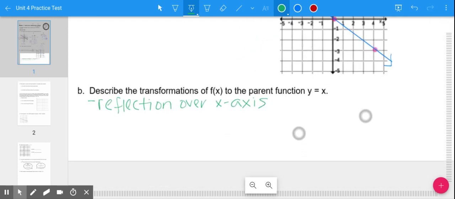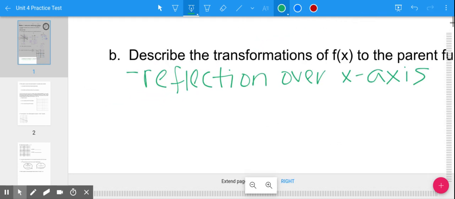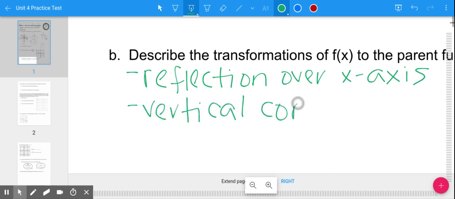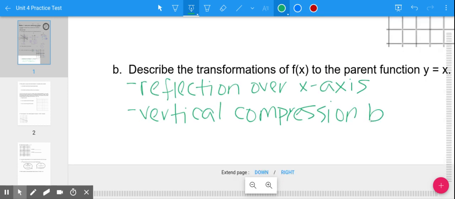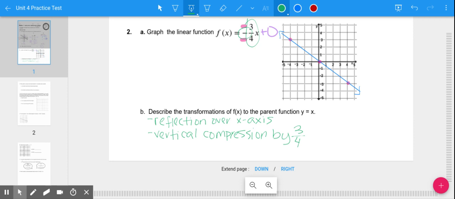Since it's a fraction, it's going to be a vertical compression by 3/4. And then the last thing I look at, did it shift up or down on my y-axis from my origin of 0, 0? It did not. It's still at my origin, so I do not have a shift up or a shift down.